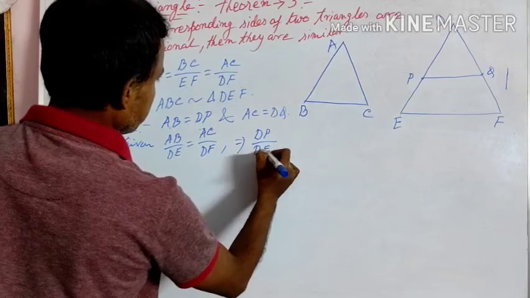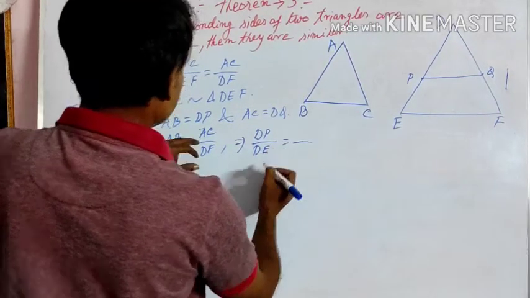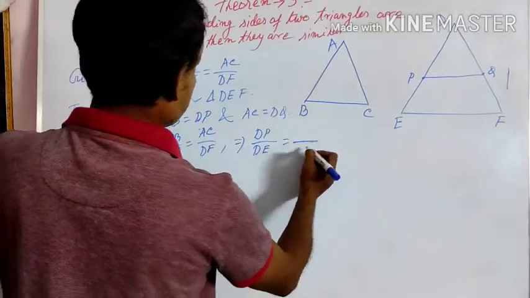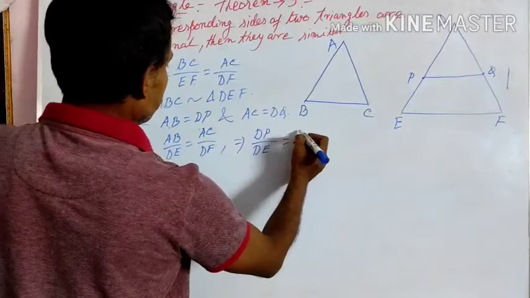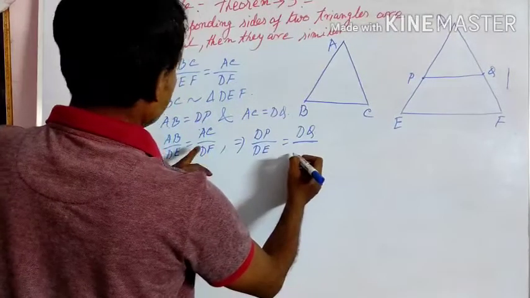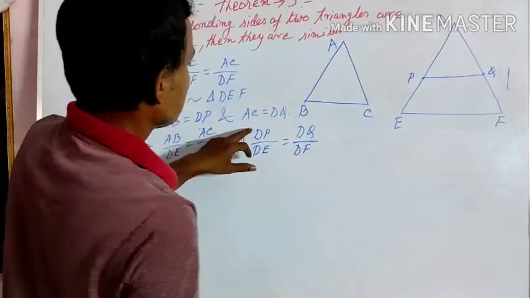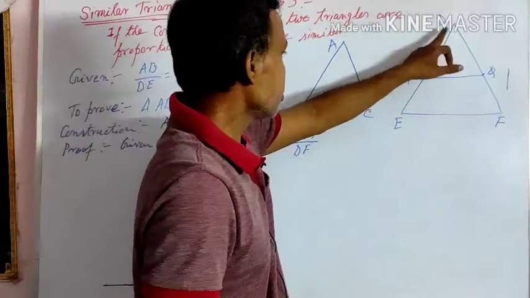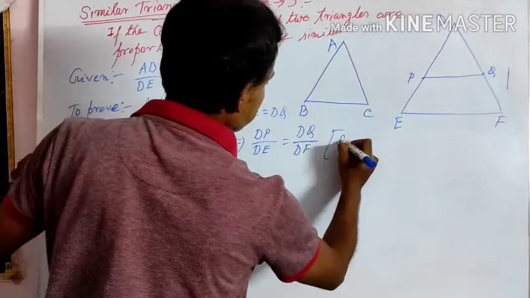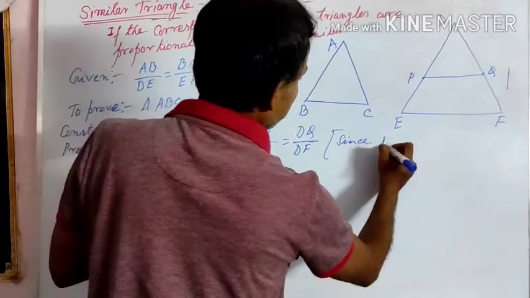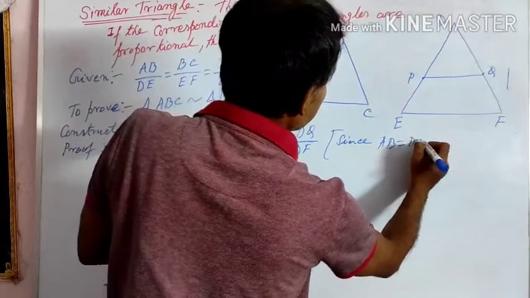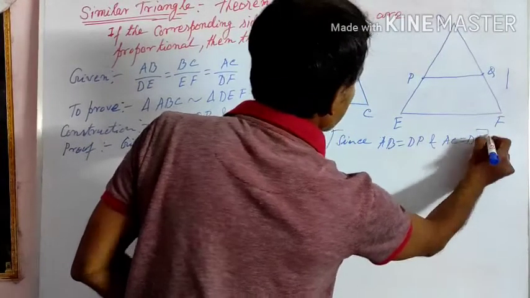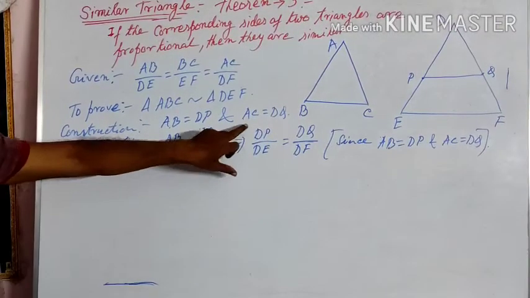DP by DE is equal to, in place of AC we will take DQ by DF, that is DP by DE is equal to DQ by DF, since AB is equal to DP and AC is equal to DQ according to construction.